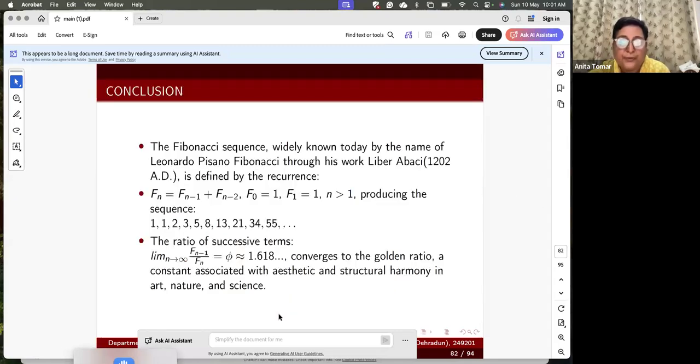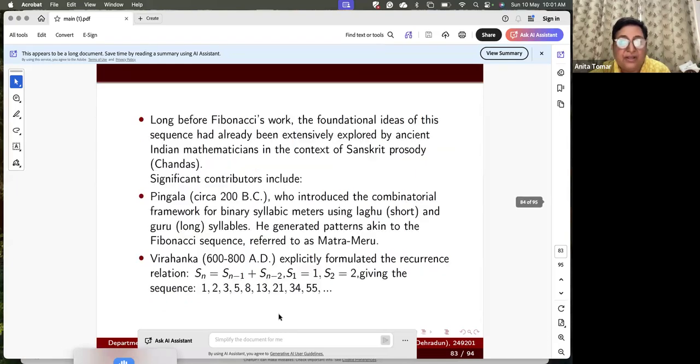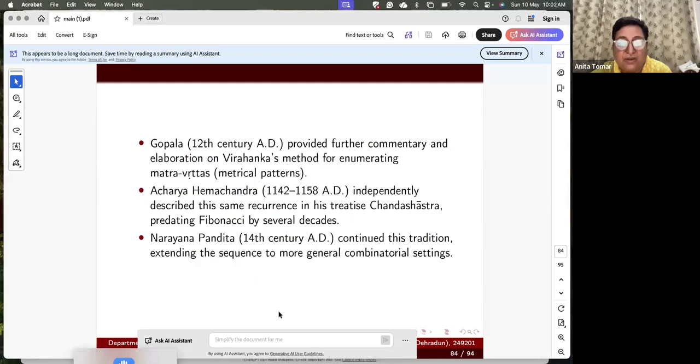In this, we have used the Fibonacci sequence. So in short, we can say that Pingala introduced a combinatorial framework of binary syllabic meters using Laghu and Guru. He generated patterns akin to the Fibonacci sequence, referred to as Matra Meru. Virahanka explicitly formulated the recurrence relation giving the sequence, which is known as the Fibonacci sequence.